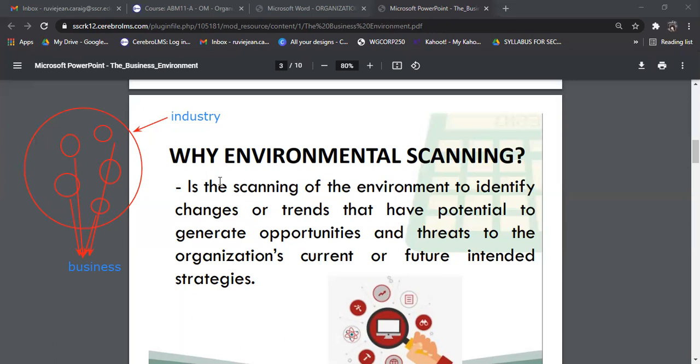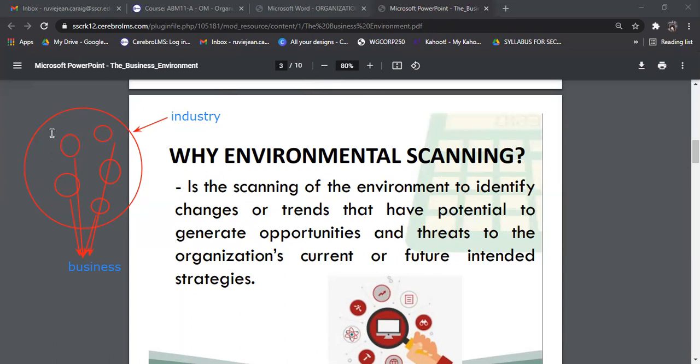Okay? Environmental scanning is the scanning of the environment to identify the changes or trends that have potential to generate opportunities and threats to the organization's current or future intended strategy. Okay? So, ini-scan natin kung ano bang nangyayari sa labas ng businesses and even inside the businesses.